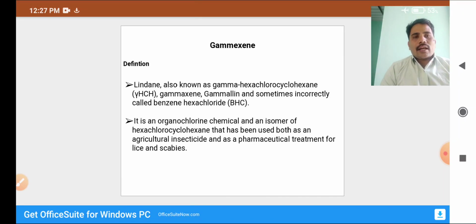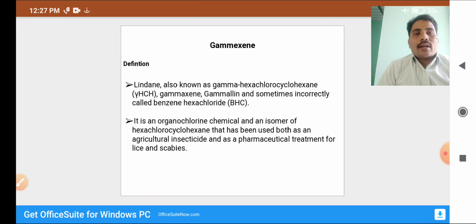The chlorine atoms are attached at positions 1, 2, 3, 4, 5, 6 of the six-carbon ring, each replacing one hydrogen with a chlorine atom. So it is commonly named hexachlorocyclohexane, but incorrectly we call it benzene hexachloride.